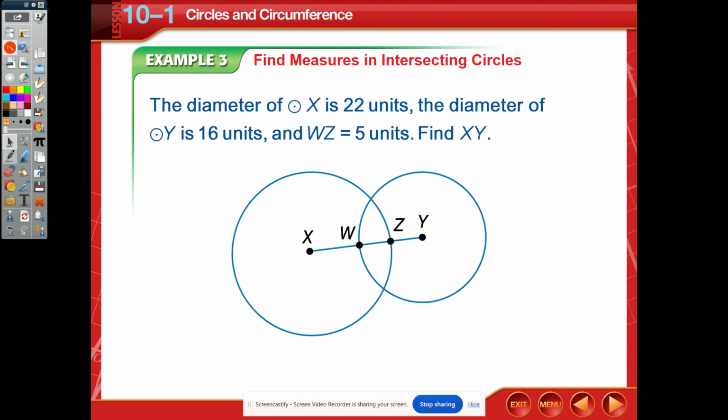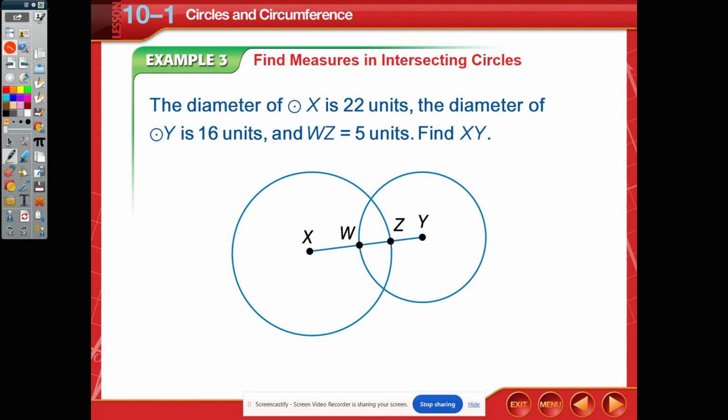All right, let's get down to business. The diameter of X, which is the circle on the left, is 22. So the distance from here to here is 22. The diameter of Y is 16 units, which means the distance from here to here is 16.